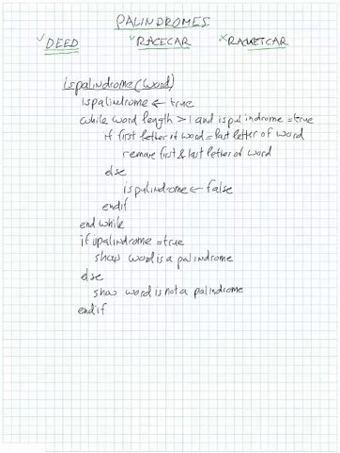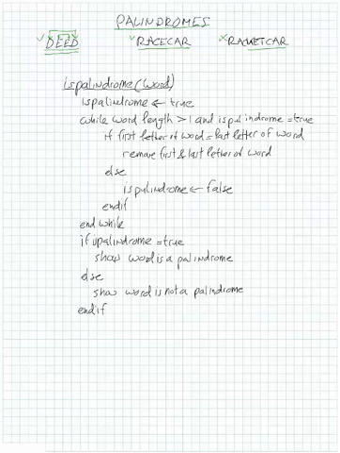How can we tackle this problem? Well, the idea is that we have a look at the letters on the outside and we compare these. So of course the first letter of the word must be the same as the last letter, and if we ignore these two, we must also look at the second and the last but one.